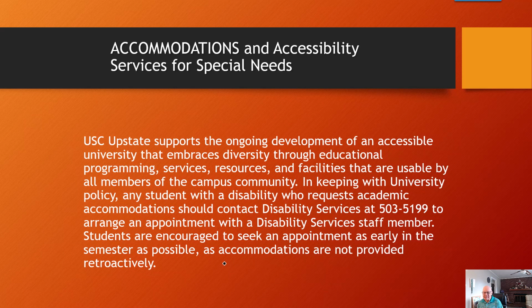I'm very sensitive to any kinds of disabilities, so please check with me. In addition to what you can get from Disability Services, it's very likely that I'm going to help you even without the help of Disability Services. I'm all for you, okay?